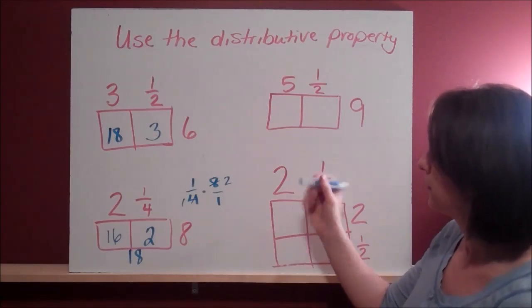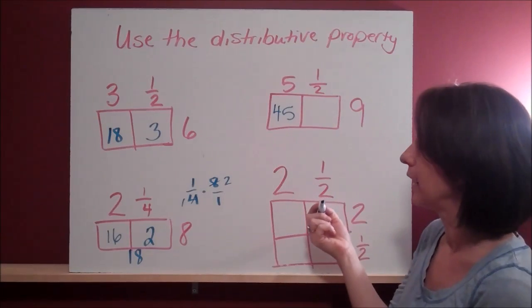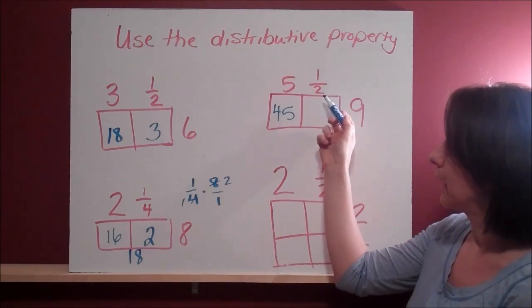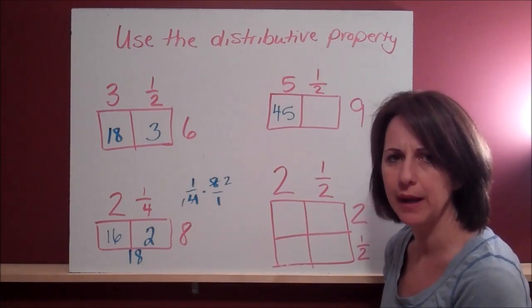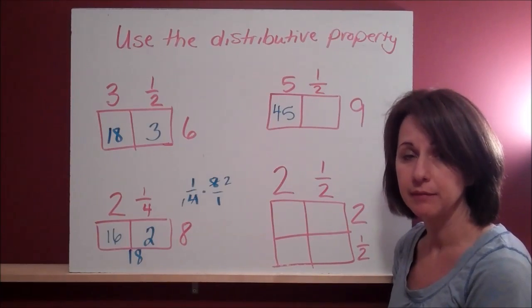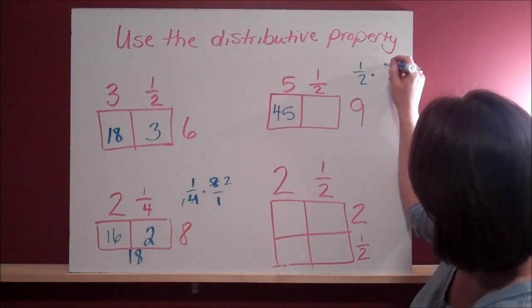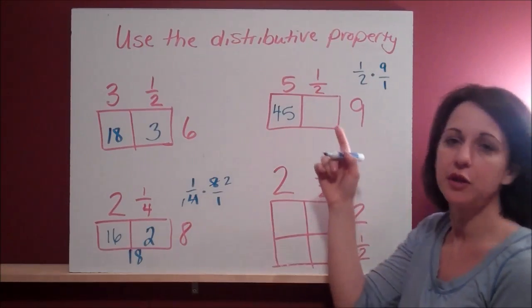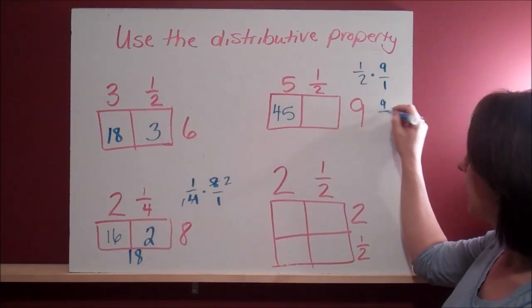Well, 5 groups of 9 is 45, because 5 times 9 is 45. And now I'm looking at 9 groups of 1/2, or 9 times 1/2, or half of 9. Some of you can do that mentally. Others can remember the strategy you had for top times top and bottom times bottom. 9 halves.